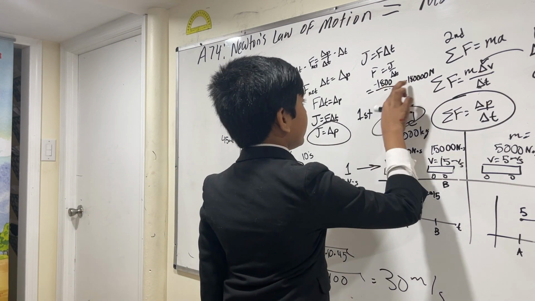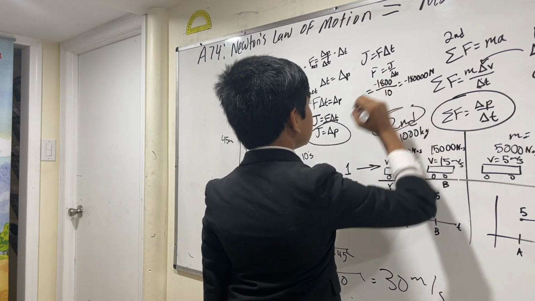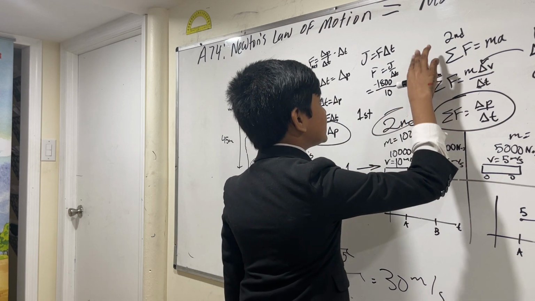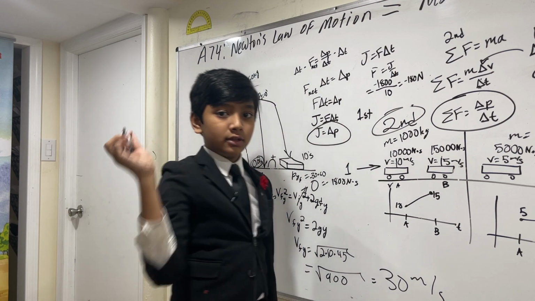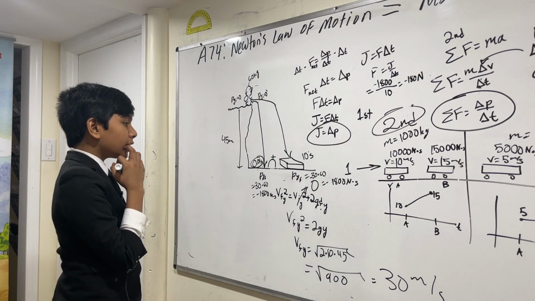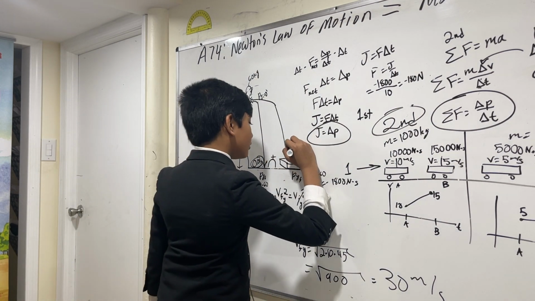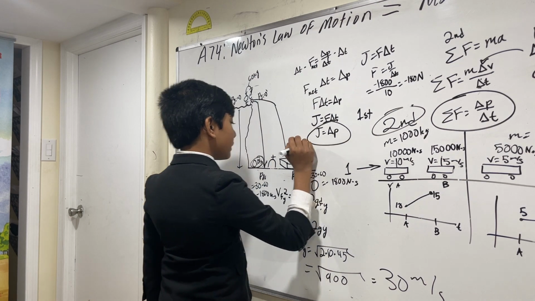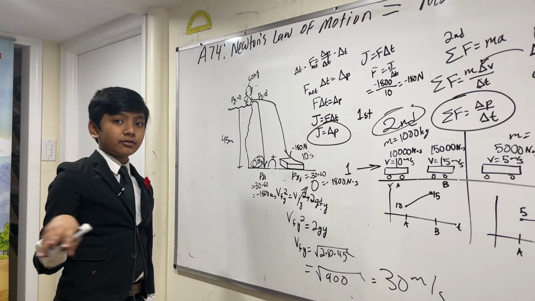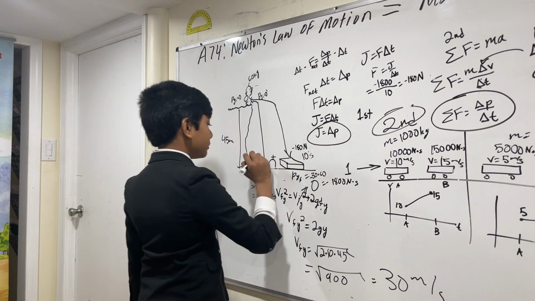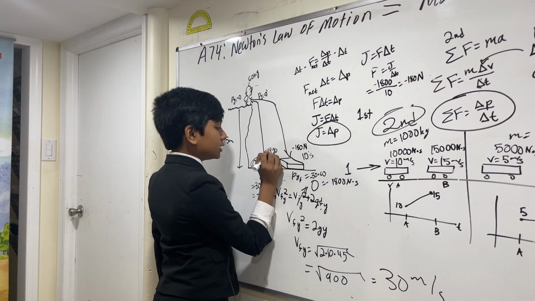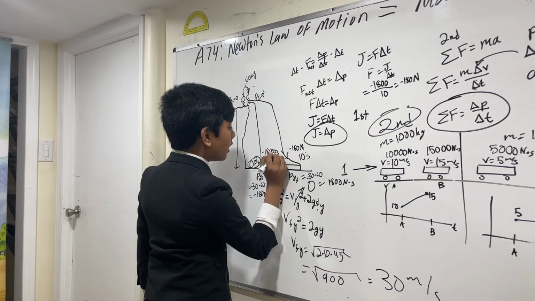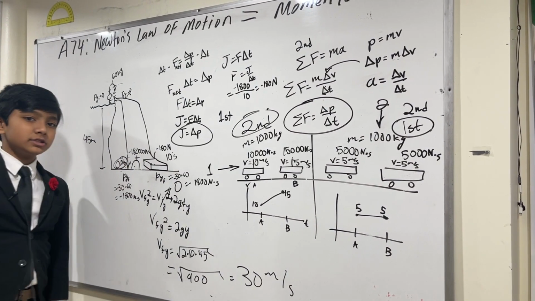However, the guy who landed for 10 seconds had a much smaller force exerted on him. Only 180 newtons. So you can see that this one survived because they had a smaller average force exerted on them over time. This one died because they had a really big force exerted on them over a small time. But you can see their delta P was the same.